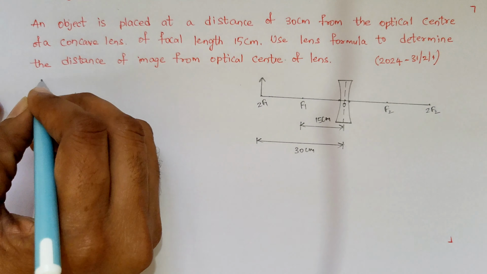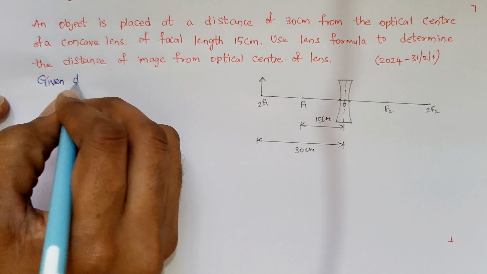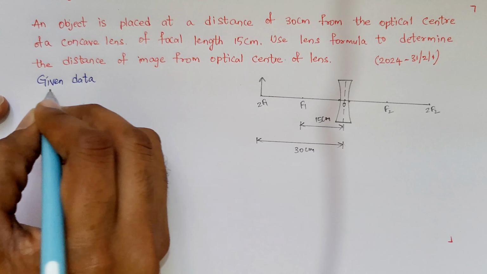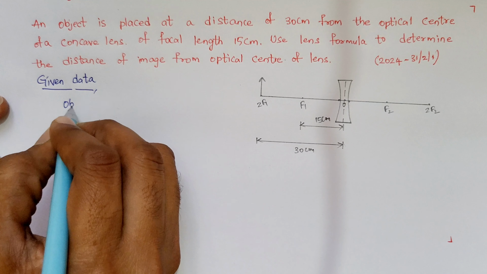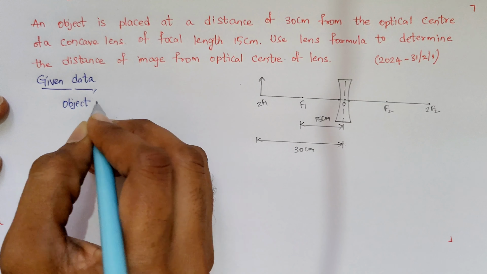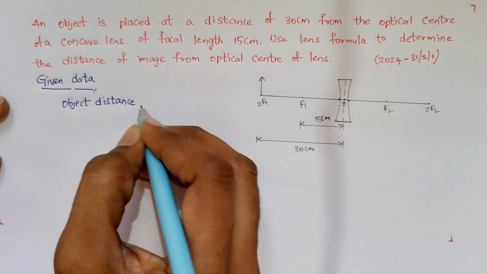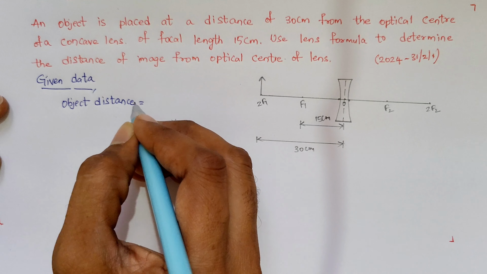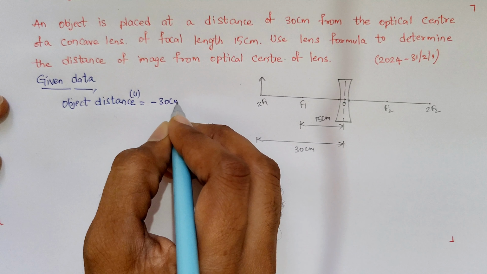So given data, let us find out the image distance now. Let us write the given data. What all the data they have given? Object distance is given. Object distance is equal to, in bracket, u, minus 30 centimeters.